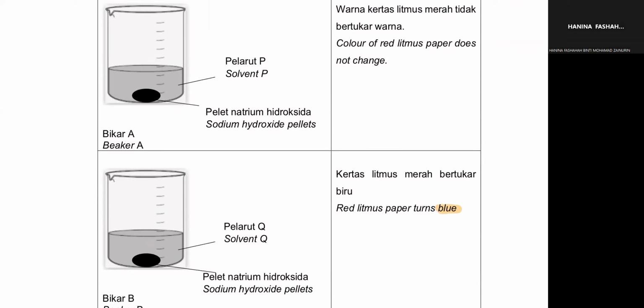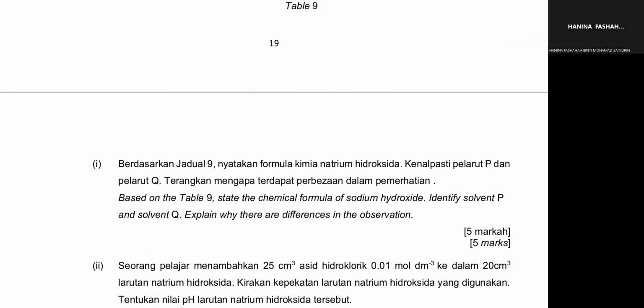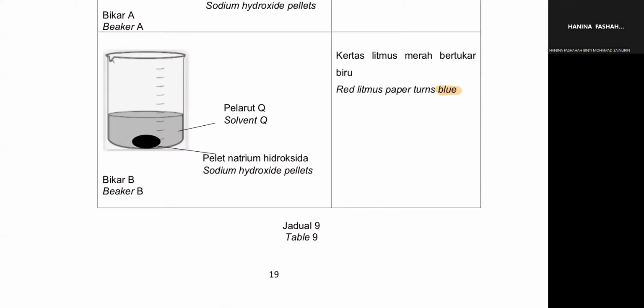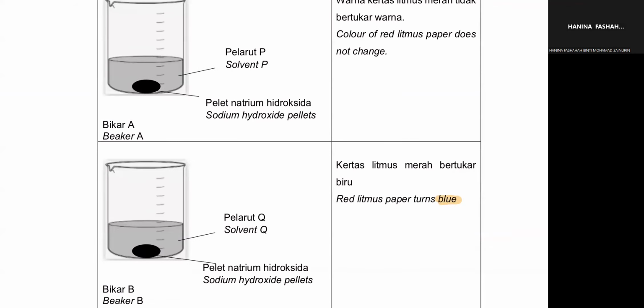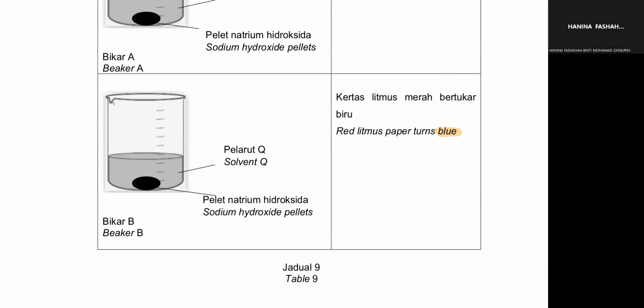Now first of all, can you suggest which one? They ask: state the chemical formula of sodium hydroxide, identify solvent P and solvent Q, and explain why there are differences in the observation. If you don't have space, you can use some extra paper to write down.